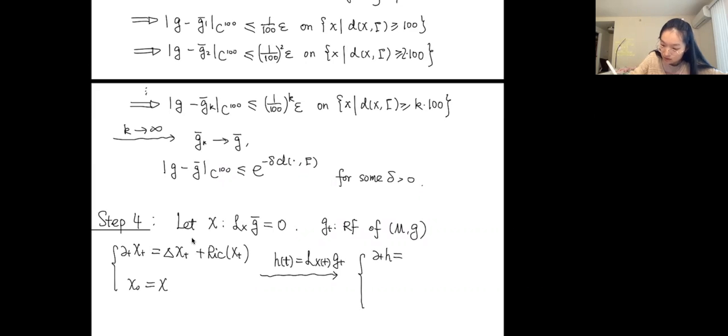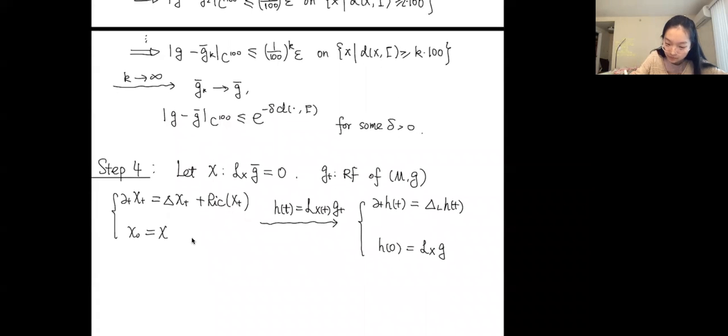So h_t is equal to the Lichnerowicz Laplacian, and the initial condition is L_X g.